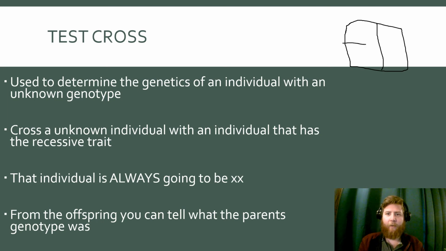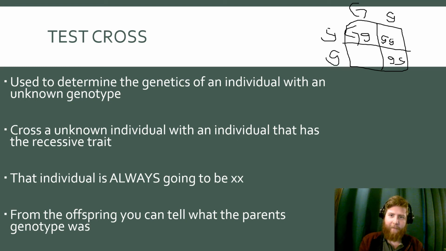You would take that green one, it has at least one big G, and you would cross it with something that was homozygous recessive. If this is big G, little g, you'll get 50% of the offspring yellow and 50% of the offspring green.